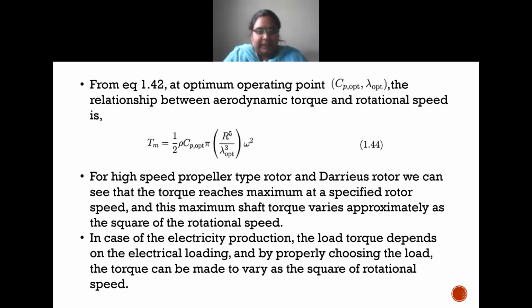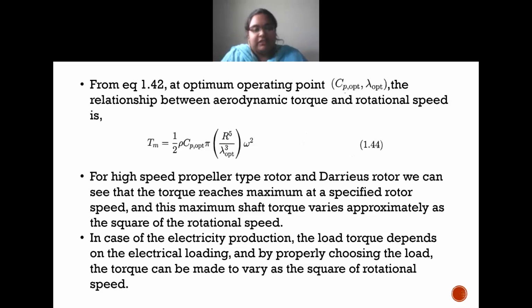How does this maximum torque vary? It varies approximately as the square of the rotational speed. So the relation between the torque produced and the rotational speed is that torque is directly proportional to the square of the rotational speed.